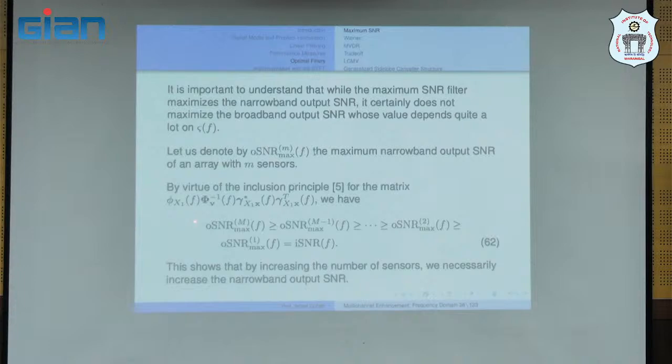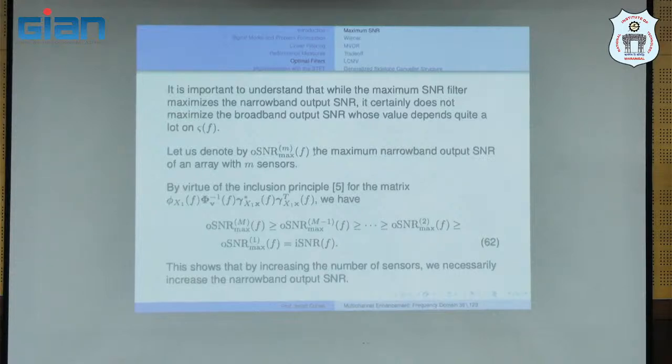So my question is, when do we have equality? When it doesn't increase, but remains the same, if I add an additional sensor and the output SNR achieved using the maximum SNR filter is not larger.